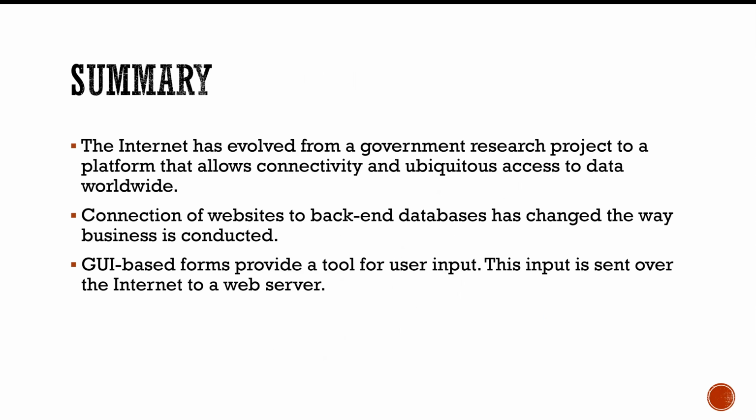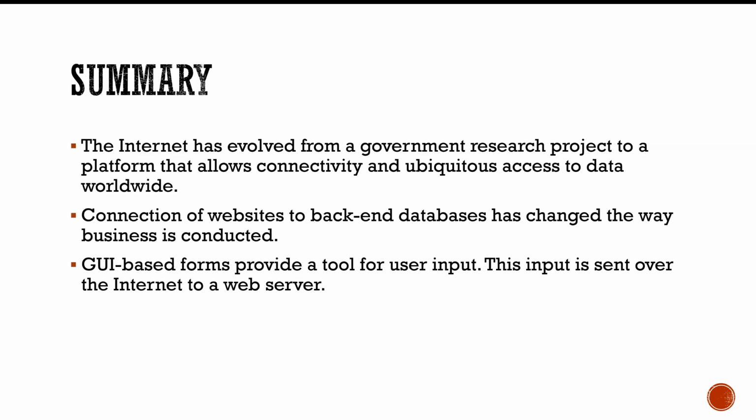So we know that the internet has evolved from a government research project, a University and Department of Defense research project called DARPANET, which ultimately led to the internet. The internet allows connectivity and ubiquitous access to data worldwide.